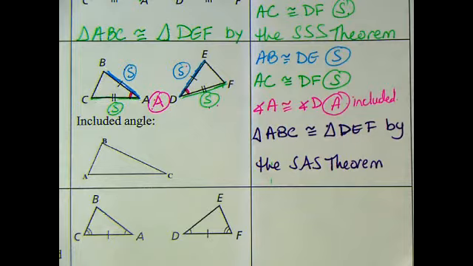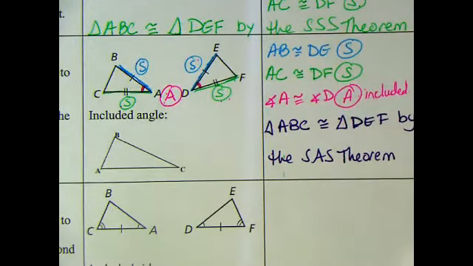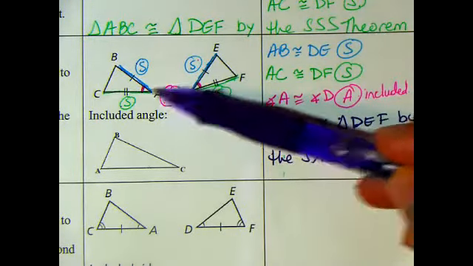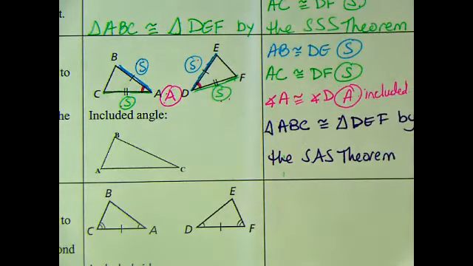All right, so our included angle doesn't have to be angle A and angle D. It doesn't have to be those two corners. The included angle depends on which two sides are being used in the triangle. So I wanted to show you guys here.